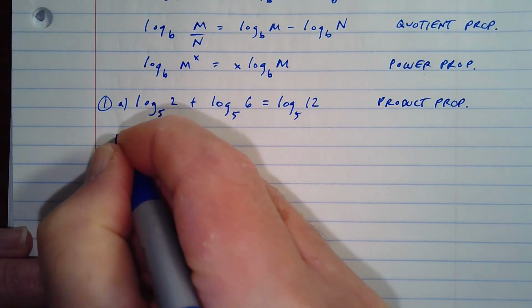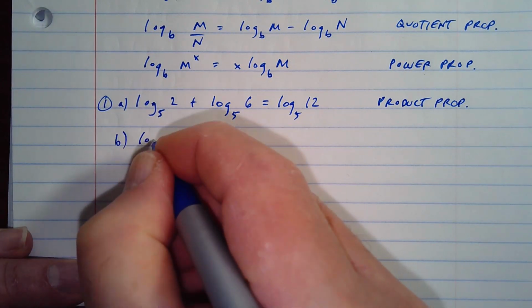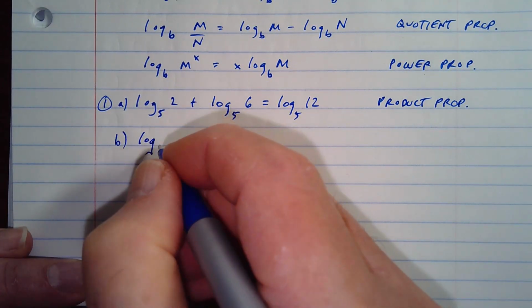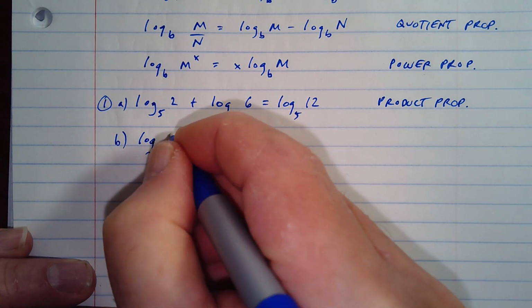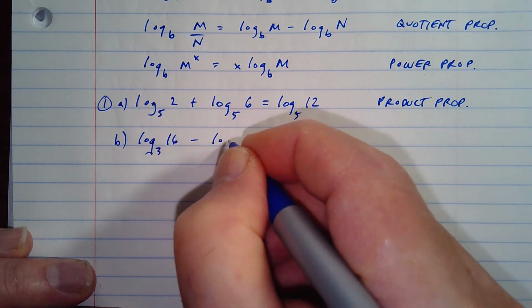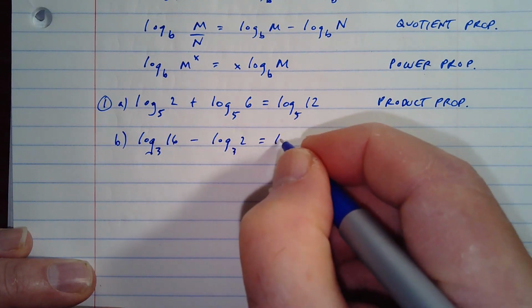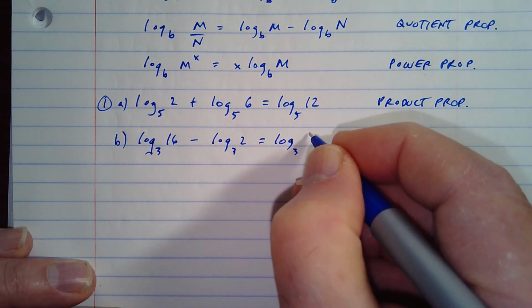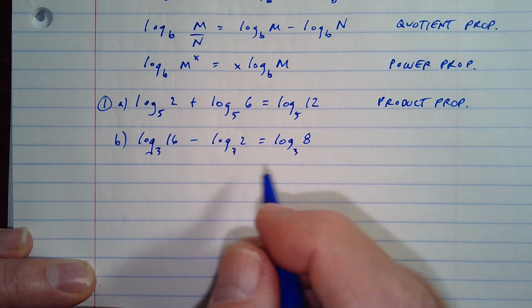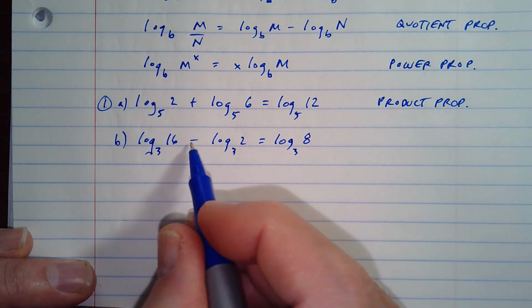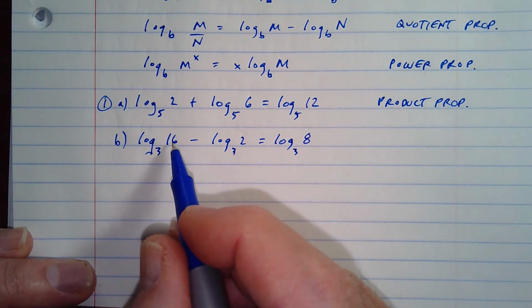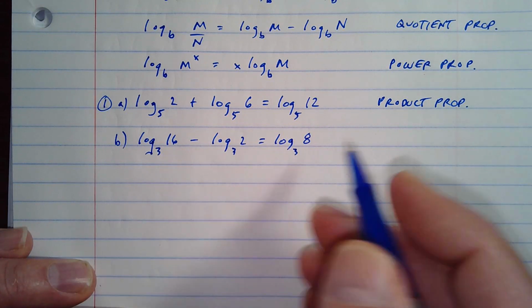All right, here's another one. What says we can say log base 3 of 16 minus log base 3 of 2 equals log base 3 of 8? If you think of this property, subtraction means division, so I'm going to do 16 divided by 2. That gives me the 8.